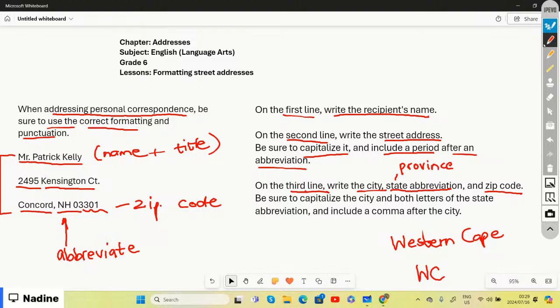And then on the second line, we are going to write down the street address, starting with the house number, the street name, and the CT. I don't know what CT really stands for, but for example, you can say Kensington Circle, Kensington Street, Kensington Road, whatever the names of the roads are.